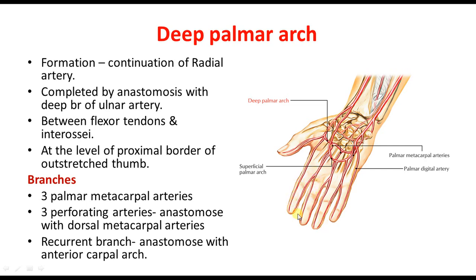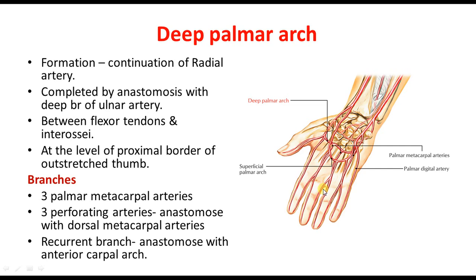Why? Because they are going to supply your nail bed, the pulp of the finger, and the skin of the finger. They run sideways so that during any grip they should not get interrupted. That is why the nerves as well as the arteries run more towards the sides.